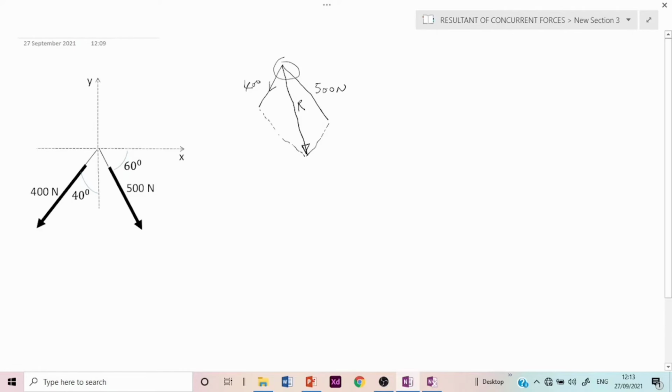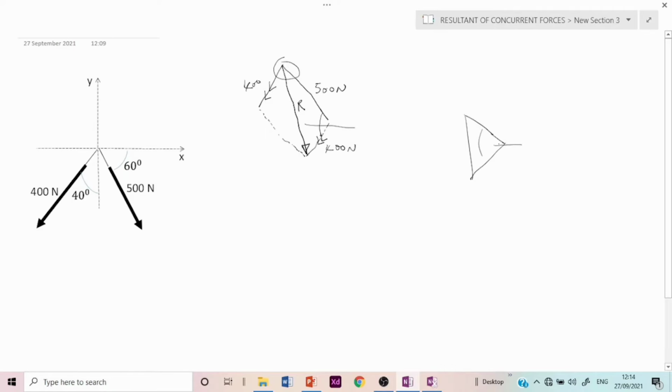It is important we note that since this is parallel to this one, this dimension is also equal to 400 newtons, and we can quickly find the angle here that is unknown. Let's quickly produce this, and we're looking for this angle.